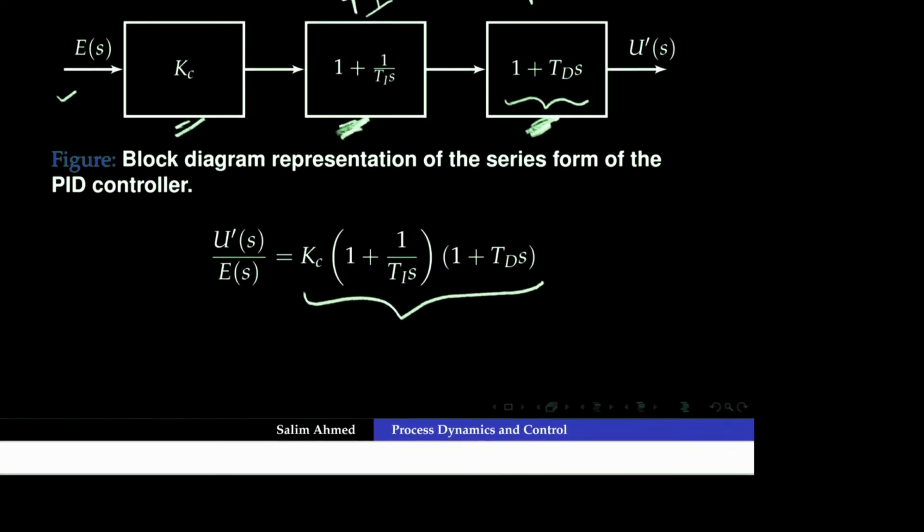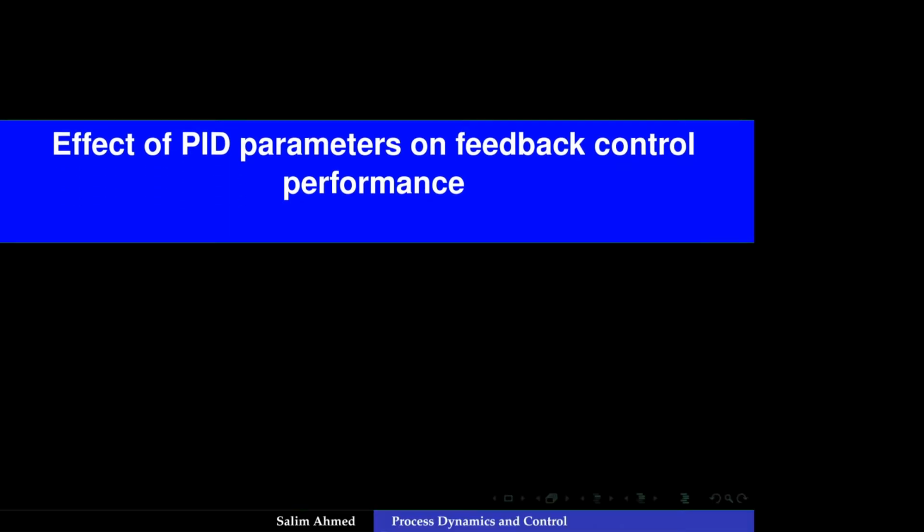For the purpose of controller design, we need to understand the effect of the different elements on feedback control performance. You know that there are three elements: the proportional part, the integral part, and the derivative part. These three elements affect the overall control performance in different ways, so we need to examine those behaviors.